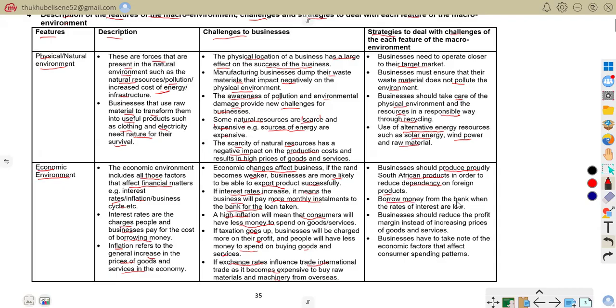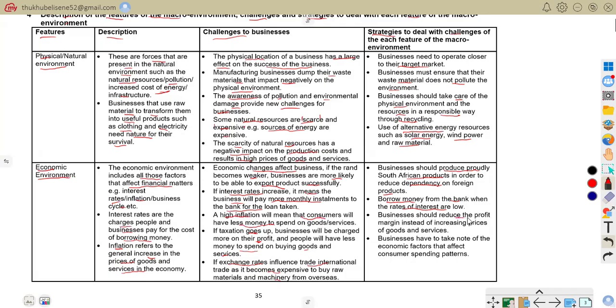Borrow money from the bank when the interest rates are low, when the interest rates are favorable. That's what it means. You borrow money when the interest rates are favorable or when they are low. So that is when you go for cheaper loans.